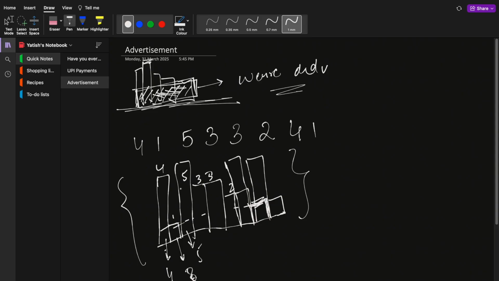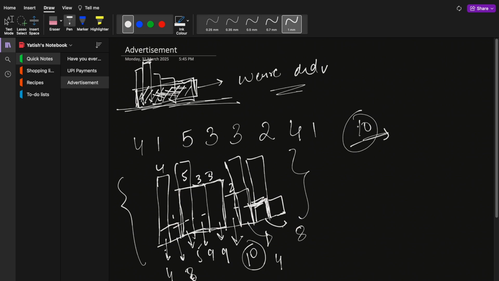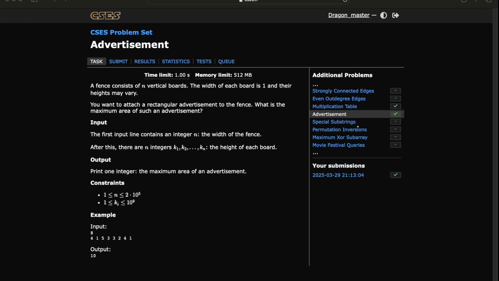For 3 it would be this particular area which we could consider, so this would be 3 into 3, that would be 9. For this also it would be 9. For this 2 it would be 10, and for 4 it would again be 4, and for 1 it would be 8. So the maximum area that we could get is 10, and 10 is the answer for this.